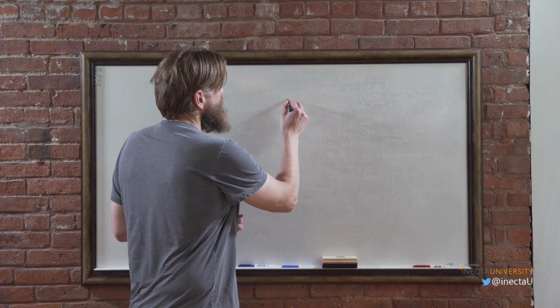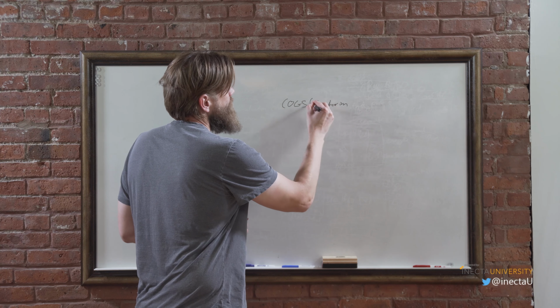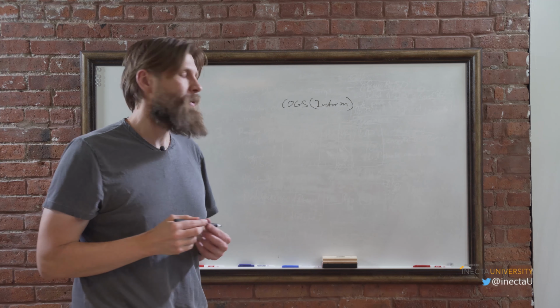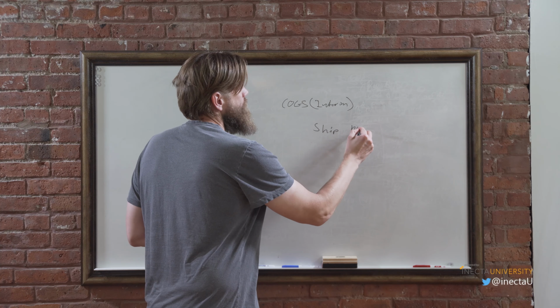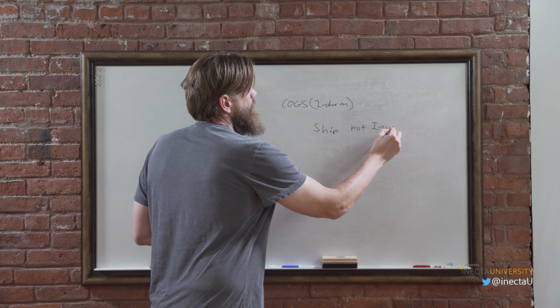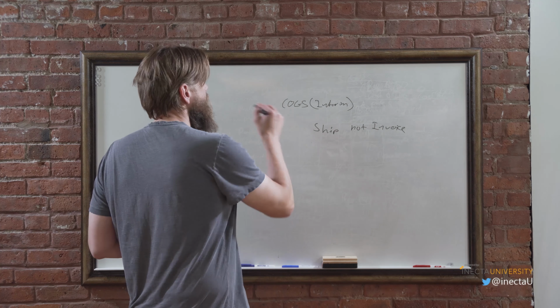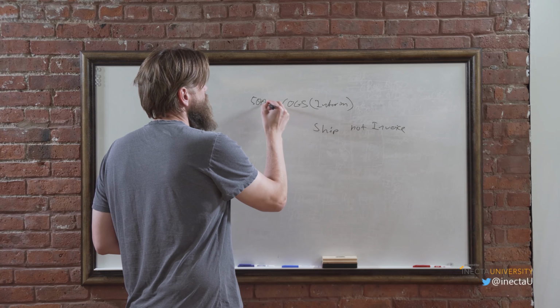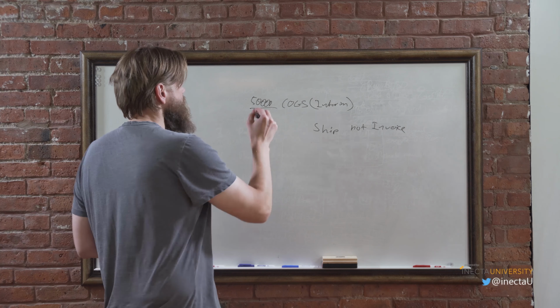On cost of goods sold interim, this one gets posted when you ship, not invoice. I actually had this as a 50,000 account, which means it was hanging out on the income statement.